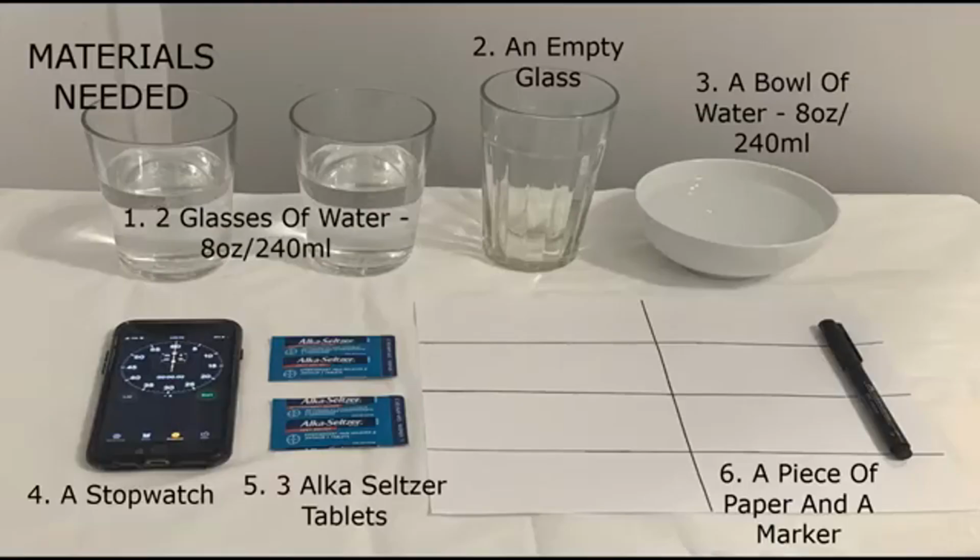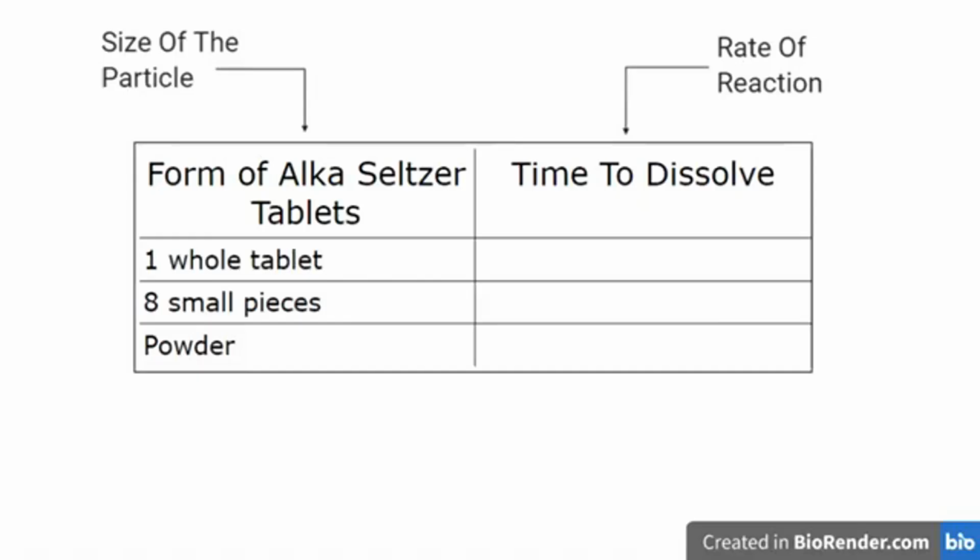For this experiment, you will need 2 glasses of water that are filled 8 ounces or 240 milliliters, an empty glass, a separate bowl of water that is 8 ounces or 240 milliliters filled, a stopwatch, 3 Alka-Seltzer tablets, a piece of paper, and a marker.